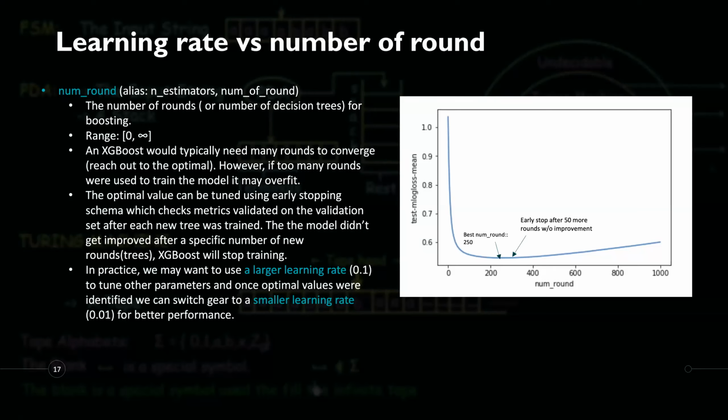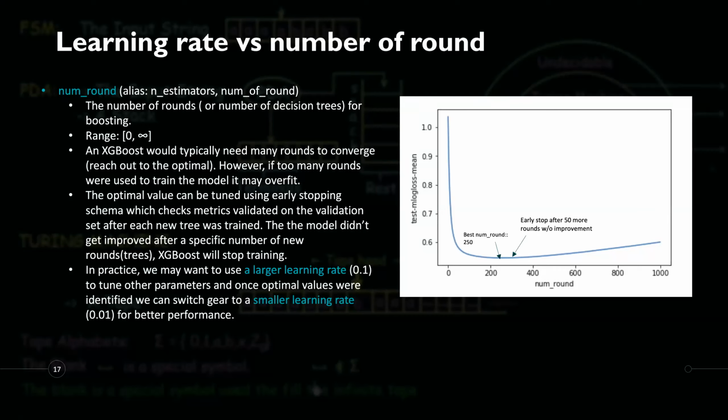As you can see, when we increase the number of rounds from 1 to maybe 250, we see a very sharp drop in the test log loss, which means that the model learns very fast by adding decision trees up to, let's say, 100.